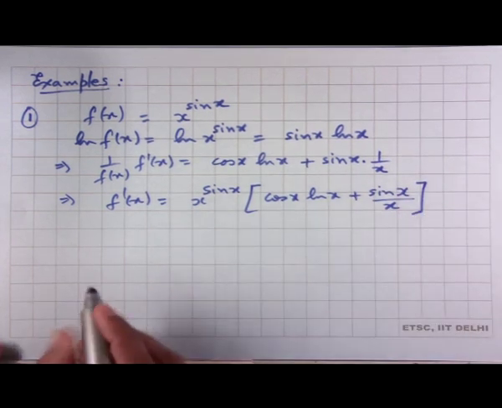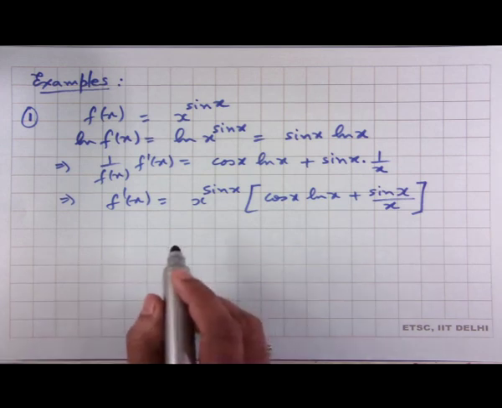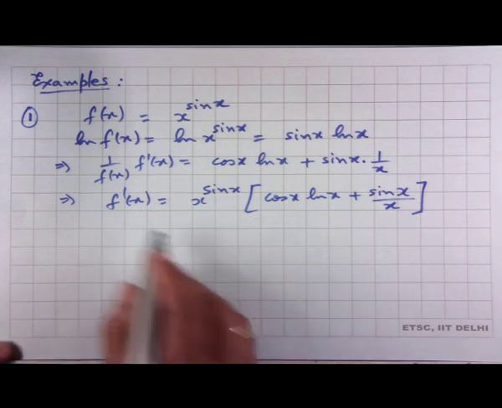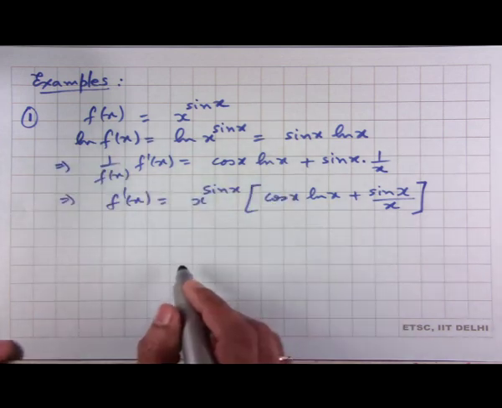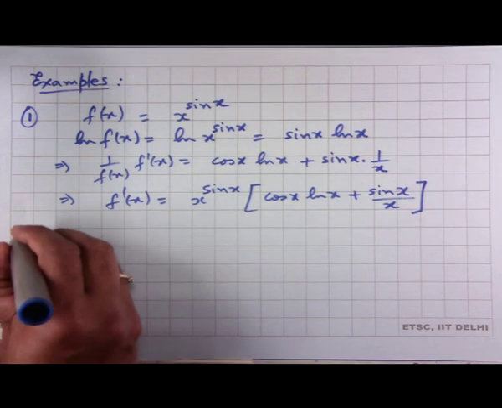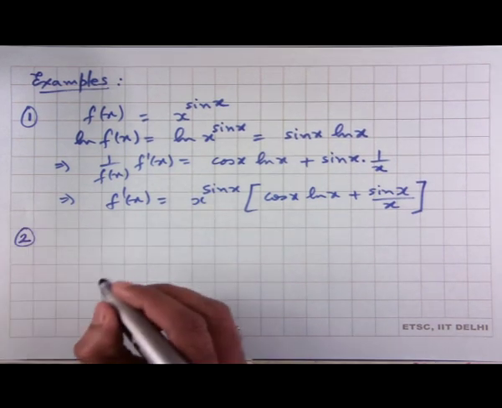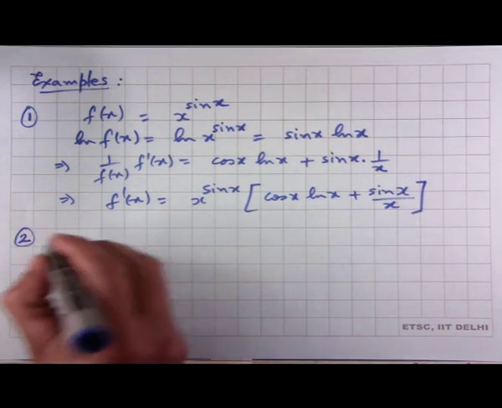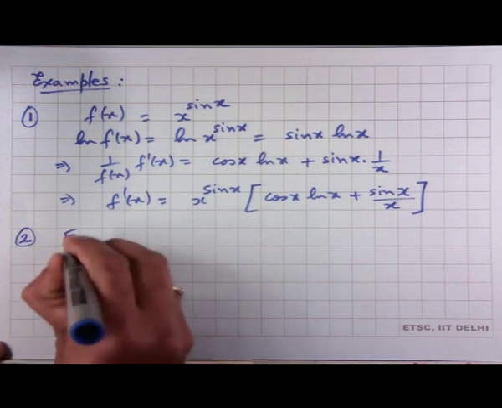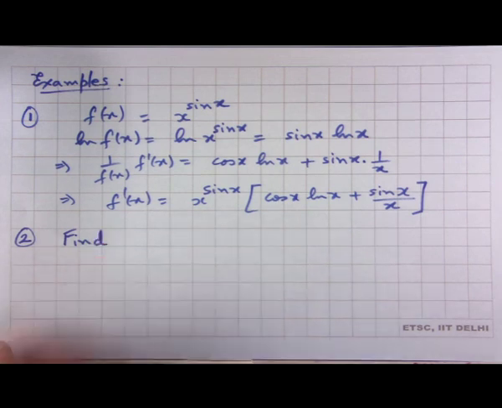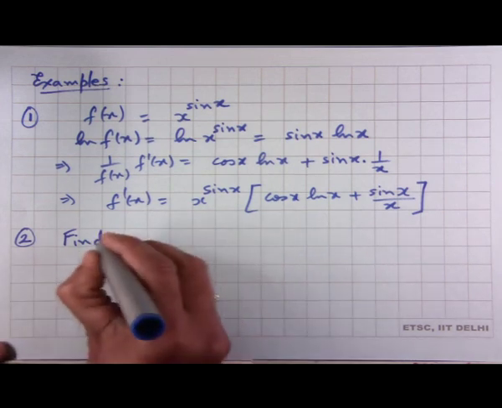So, note that you do not need to remember the previous formula for the derivative of f x, you can just follow the steps and then calculate the derivative. Let us see another example. So, here what we have is an implicit equation.